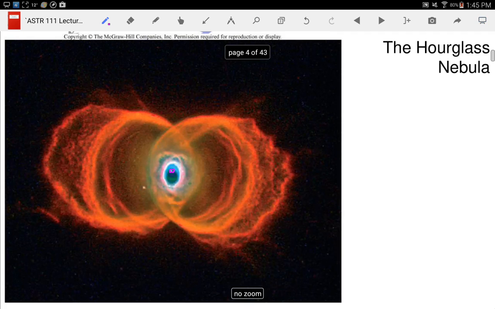And then zooming back out, all of the rest of this is gas that used to be part of that star that was blown off during its giant stage. And now radiation from the remnant has gone out and caused it to light up.